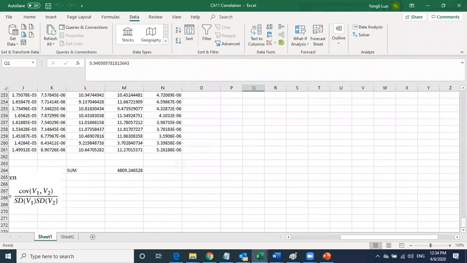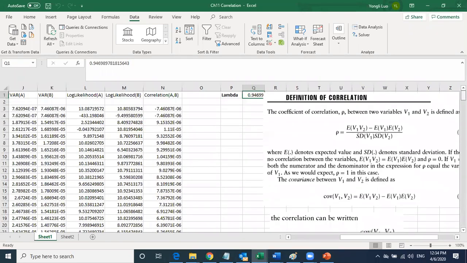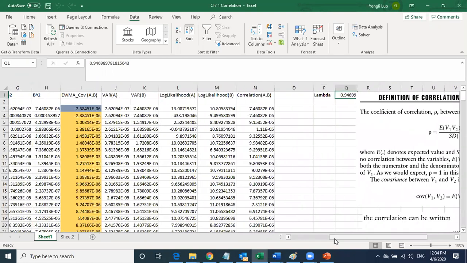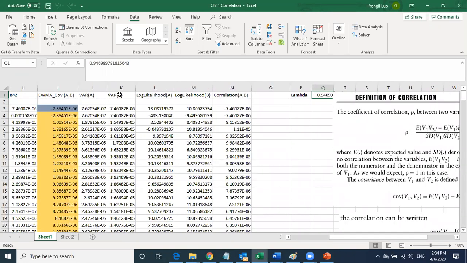Okay, once you have the correlation and the covariance, you take the square root of this estimated variance, and you can have the covariance divided by the square root of the variance. That's the correlation.